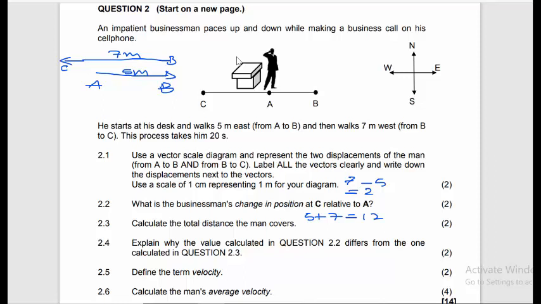Now 2.3 talks about total distance. It's the total distance.